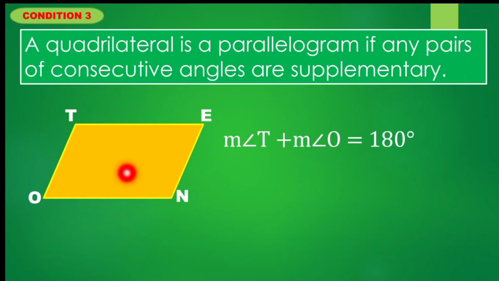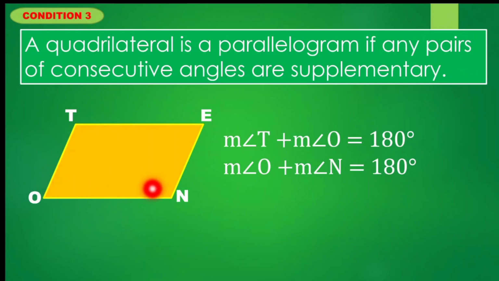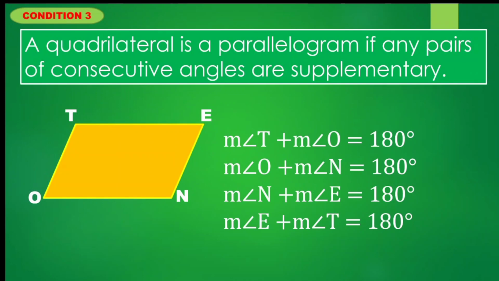So the measure of angle T plus the measure of angle O is equal to 180 degrees. Again, supplementary angles always measure 180 degrees. Next up, we have angle O, plus the measure of angle N is equal to 180 degrees. Angle N plus the measure of angle E is equal to 180. And lastly, we have the measure of angle E plus the measure of angle T is equal to 180 degrees.